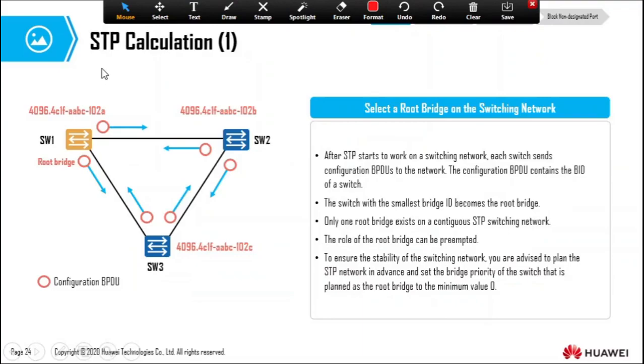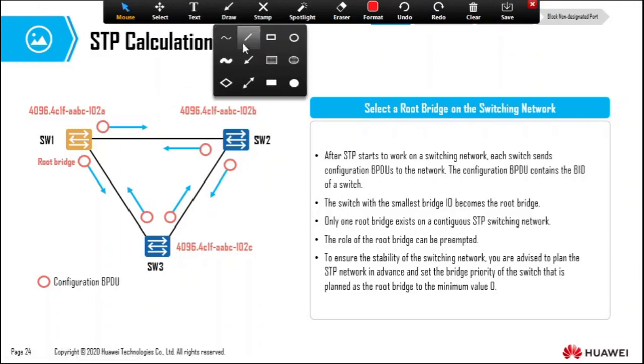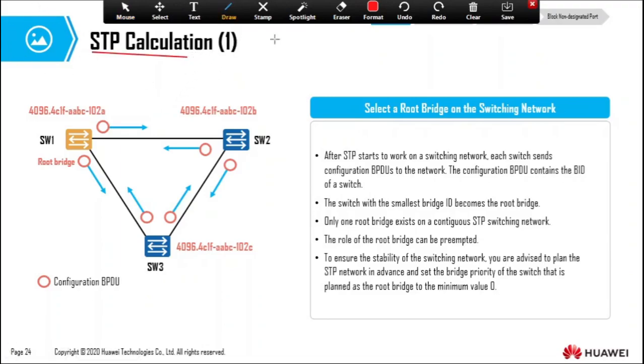Okay, so let's move on to STP calculation. STP calculation. So select a root bridge on the switching network. So as we said, everyone will begin by sending configuration BPDUs declaring that, hey, I am the root. I am the root.